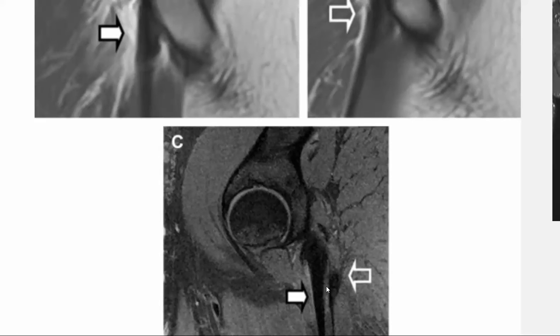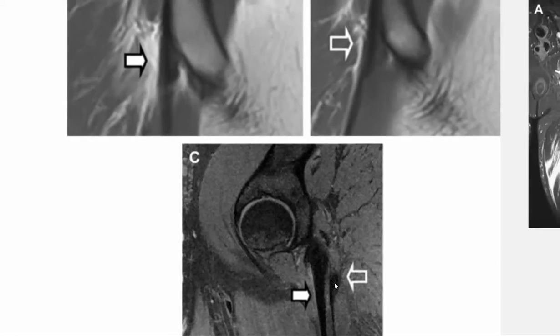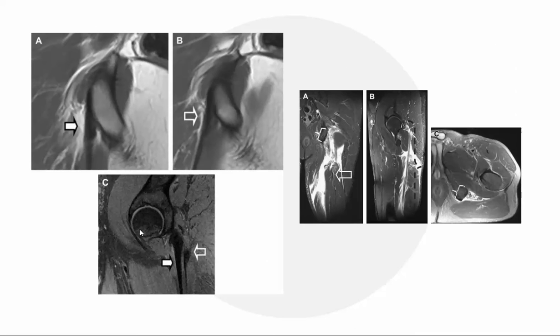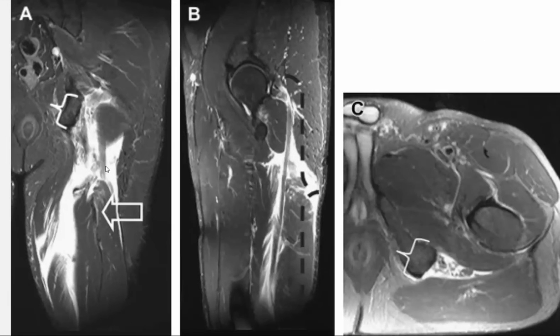It's essentially three tendons: semitendinosus and long head of biceps, which is the main tendon, and semimembranosus posteriorly. Here is a rather extreme example of a hamstring tendon rupture.